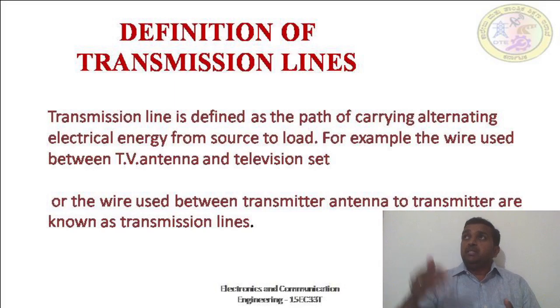The antenna will be outside your home and the device will be inside your home. Hence, to connect the transmitter to the antenna or the antenna to the receiver, I must have some physical connection, that is nothing but transmission lines. As I told, it's a path of carrying alternating electrical energy from source to load also. In this manner, I can define transmission lines in multiple ways.